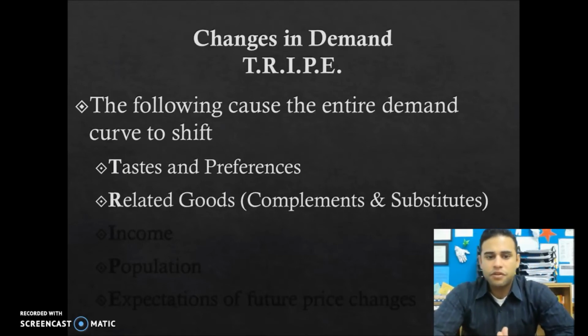Whatever's happening with your competitor, if your competitor does something, then it might make a difference to you, right? That would be a substitute potentially, because people would be able to substitute this for that. Some other things complement your goods, and the big example here is peanut butter and jelly.